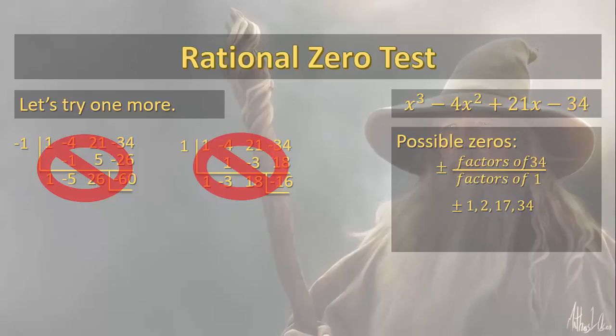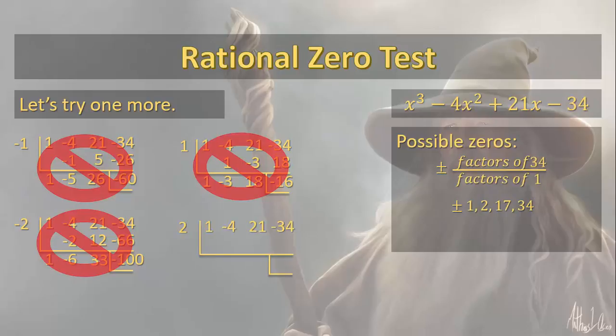Another bad one. All right, let's try -2. Another bad one. See, it's trial and error. It's hit or miss. Try another. +2. I'll stop singing now.